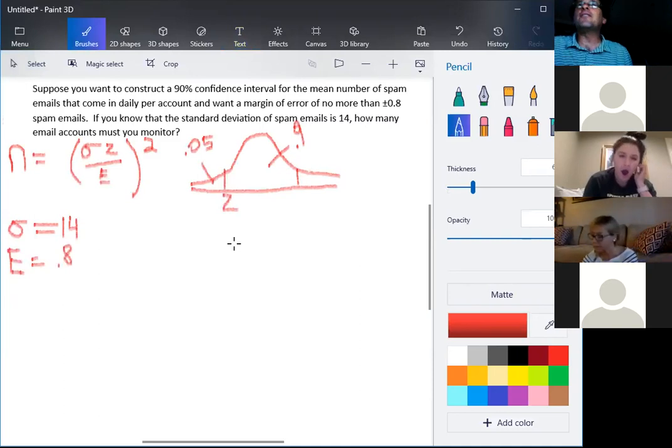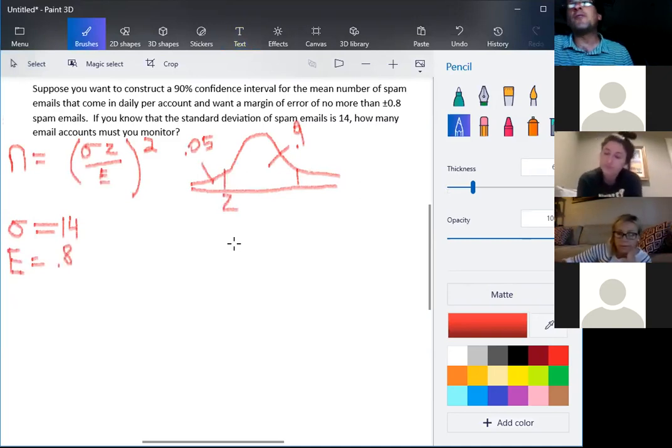So I could give you, what is a 72% confidence interval? You take 0.72, subtract from 1, you get 0.28, divide by 2, and you get 0.14. So it's always the same kind of arithmetic. And then you use your calculator and find the inverse norm of 0.05, and you get 1.645.